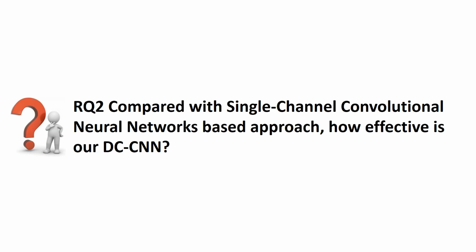The second research question is that, compared with single-channel convolutional neural networks based approach, how effective is our DCCNN? Our model is mainly composed of 2 parts. One is our dual-channel matrix, and the other is the CNN model.